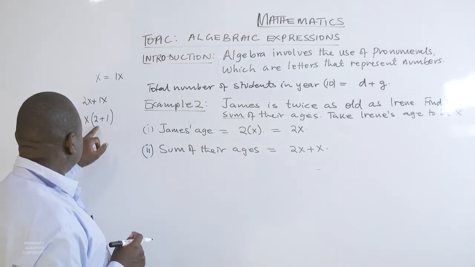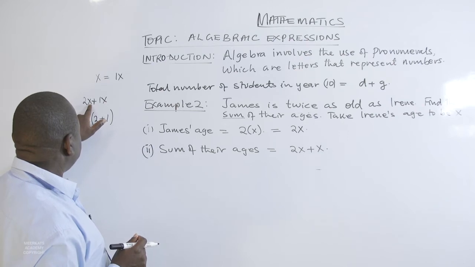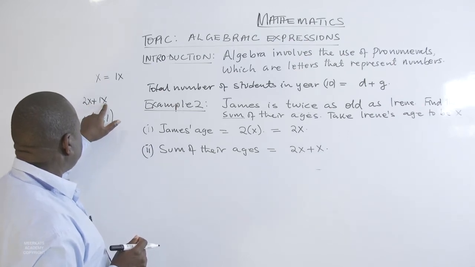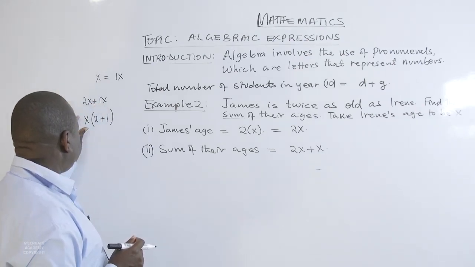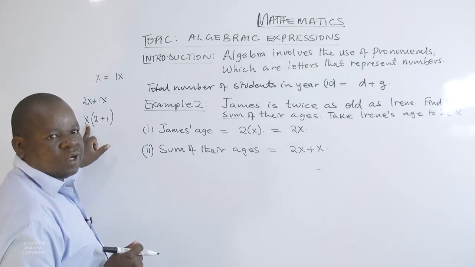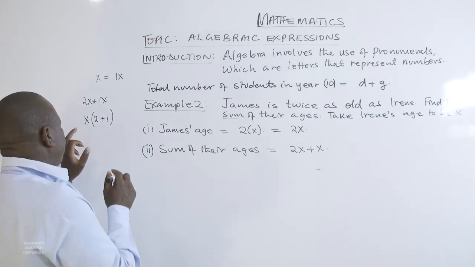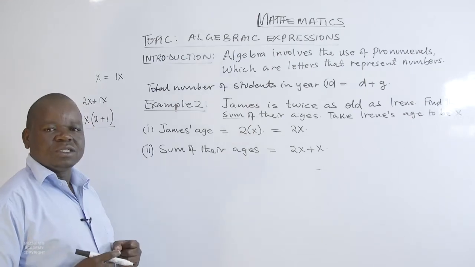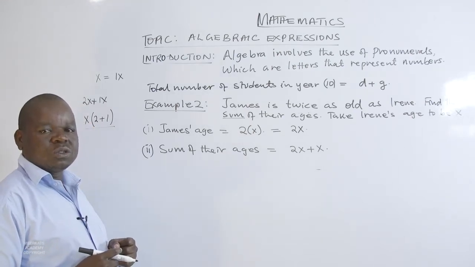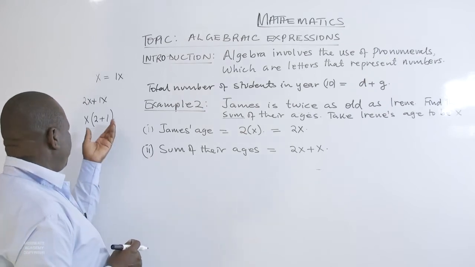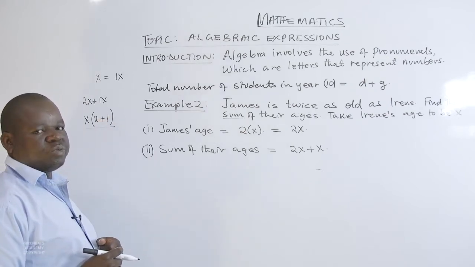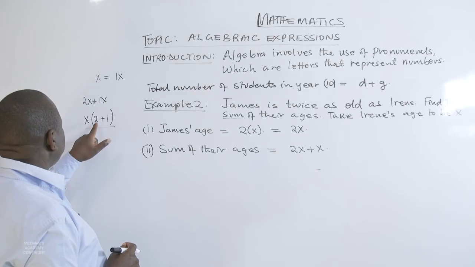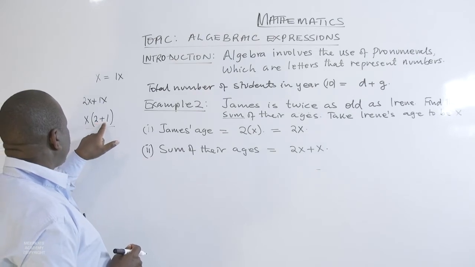It's because there was x here and there is x here. So we can filter it out, put it outside a bracket, and then use the law of BODMAS to simplify this particular expression. In the bracket, you can see this is now 2 plus 1.